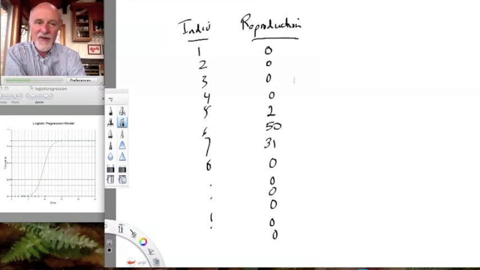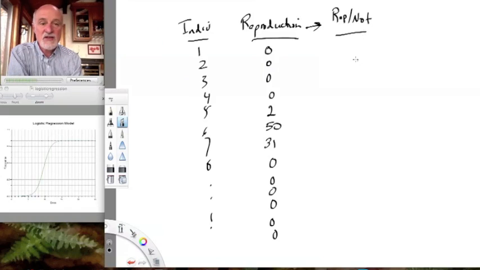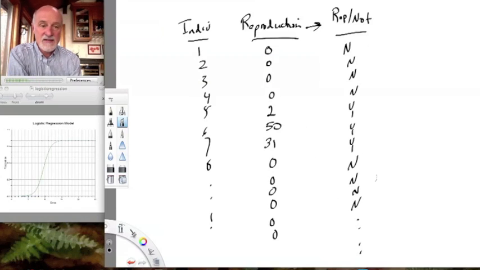What you can do, though, is create two variables from this. You can have one variable be reproductive or not. So you can change all the zeros to not reproductive, and you can change the ones that reproduce to yes. And then you can analyze this variable with logistic regression.